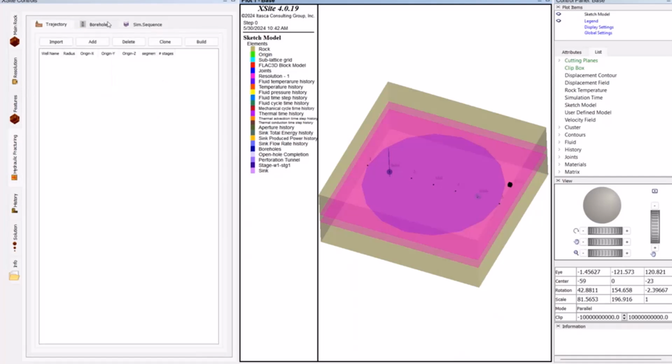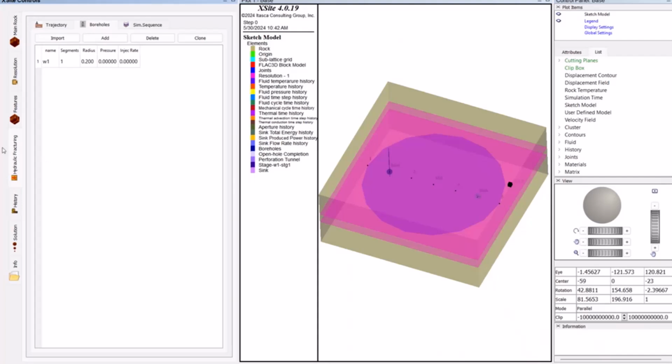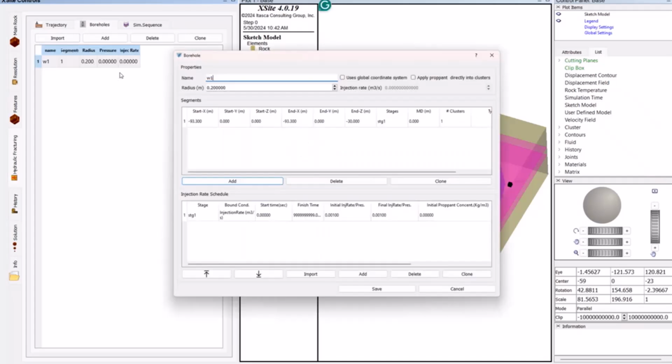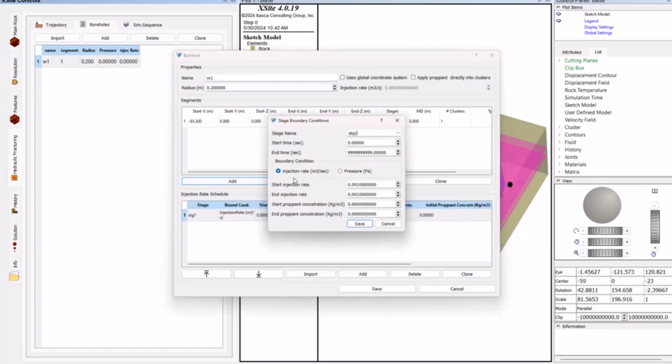If we go here to the hydraulic fracturing tab, borehole, basically here we specify the conditions of the fluid injection. We have only one stage, and as I said, we inject, this is like one liter per second.